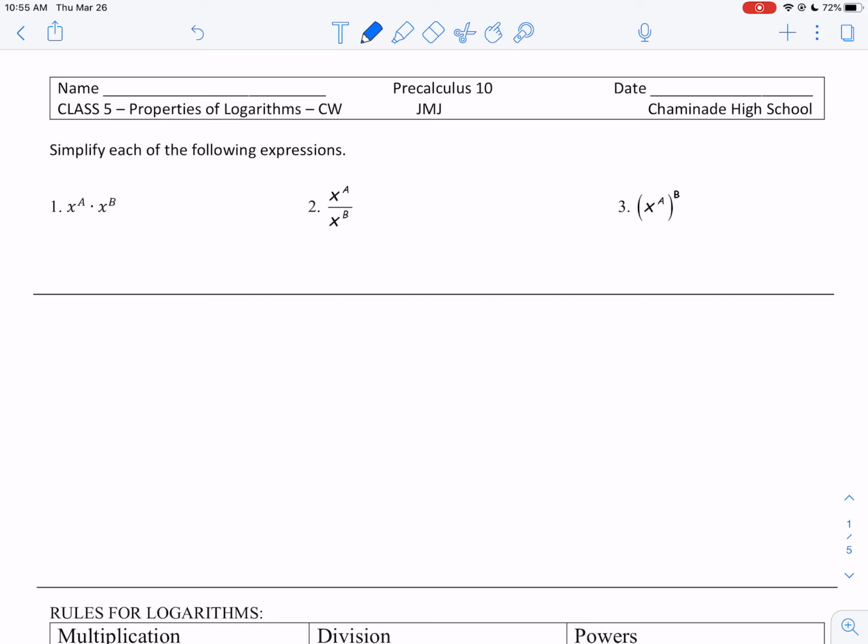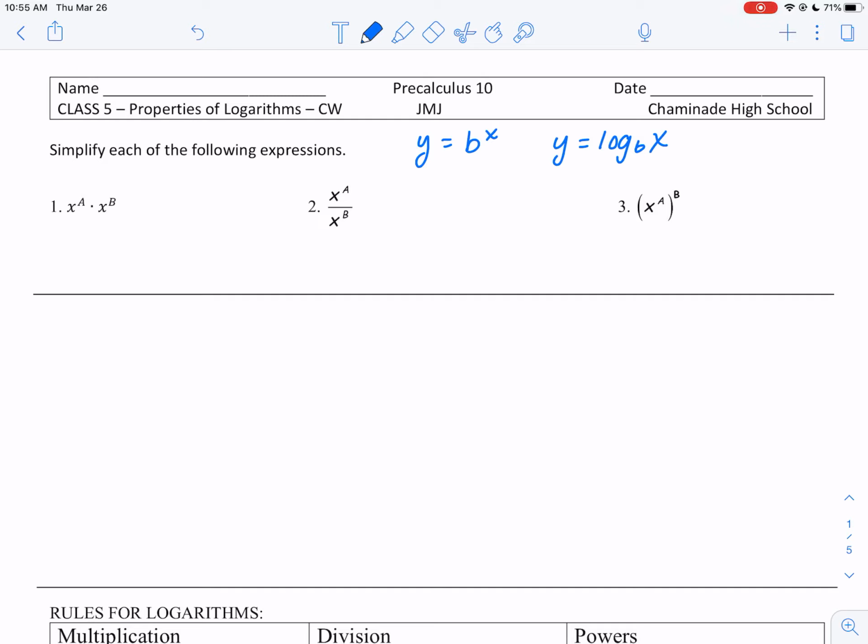Recall, exponential functions come in the form y equals b to the x, and our log functions come in the form y equals log base b of x. These two are just inverses of one another. So when we're dealing with logs, we're dealing with exponents. If you want to know the properties of logs, you actually first need to know the properties of exponents.